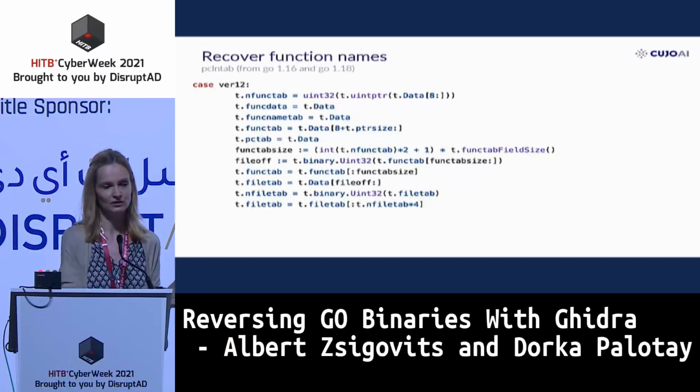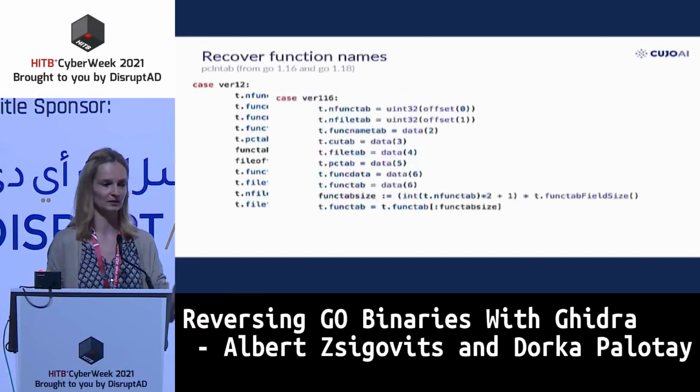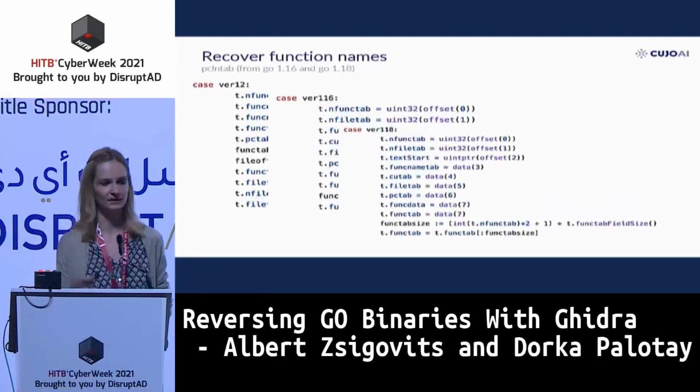So basically you just need to do the same in scripting for Ghidra, but these are exactly the same steps. You can see here the version 1.2, 1.16, 1.18. It will tell you how to search for the function name tab, how to search for the file tab, how to search for the function metadata table.